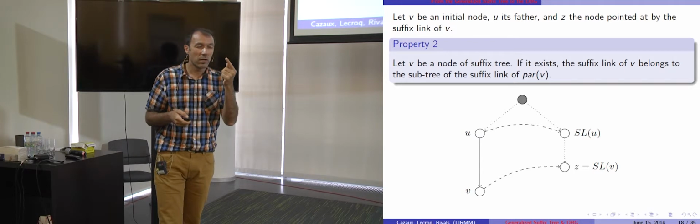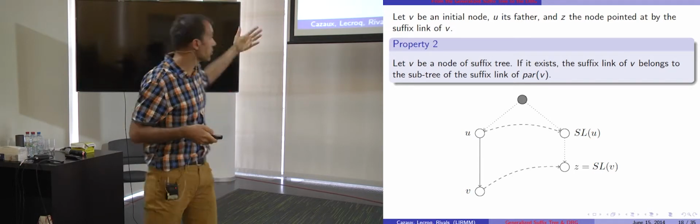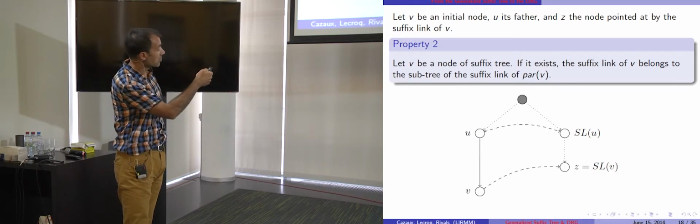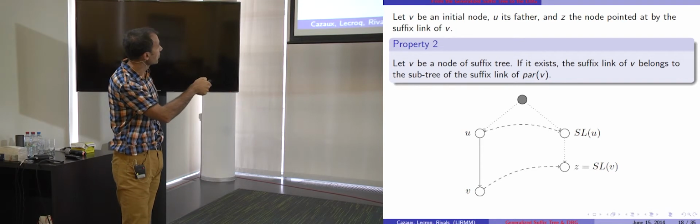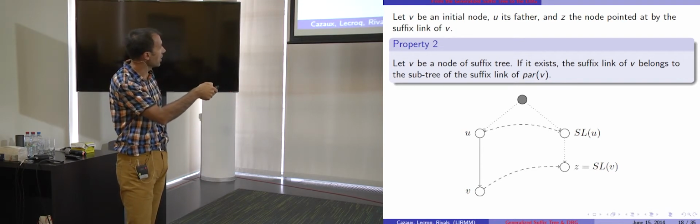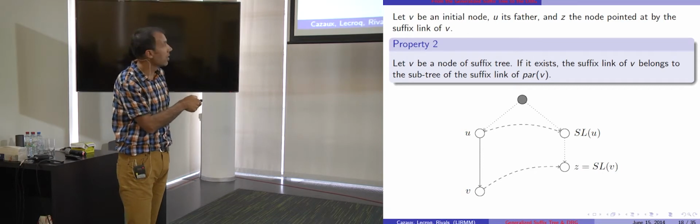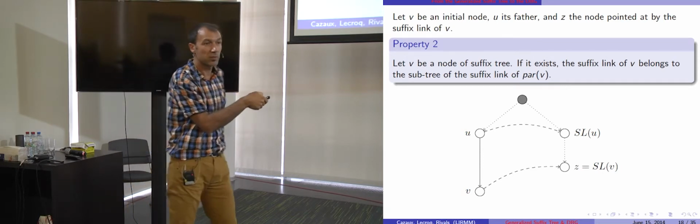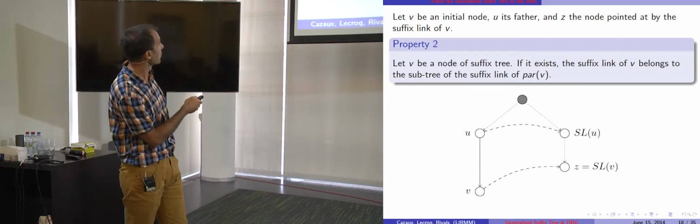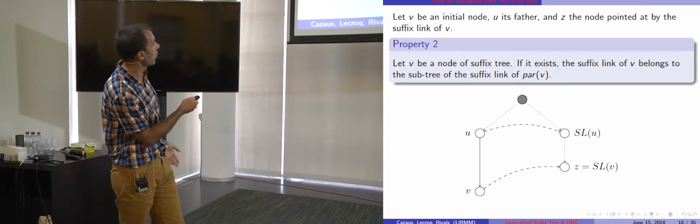For this, we need an important property, whose use will become clear later on. In a suffix tree, if you have a node U and a child V, and the suffix link of U goes here, then the suffix link of V must go in the subtree of this node, necessarily. Okay, and I will use that later on. So this is a simple property.